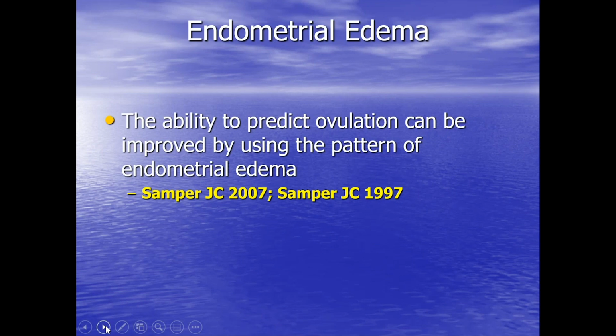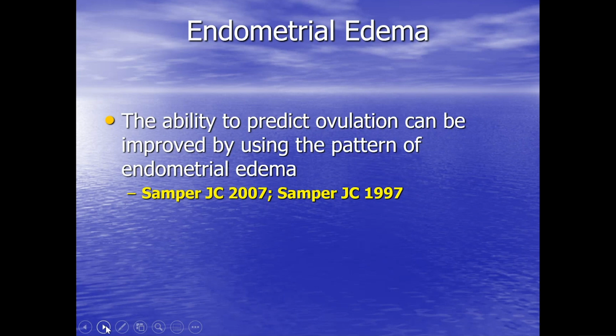The other important facet we use when we're predicting ovulation is endometrial edema. And much has been written about this. I like the two papers a good friend and colleague of mine, Juan Samper, wrote in the AAEP proceedings. '97 really was Juan's paper introducing this concept that we could grade endometrial edema with a score or a term, you know, moderate, slight, or zero, whatever you're going to grade it, but grade it somehow.